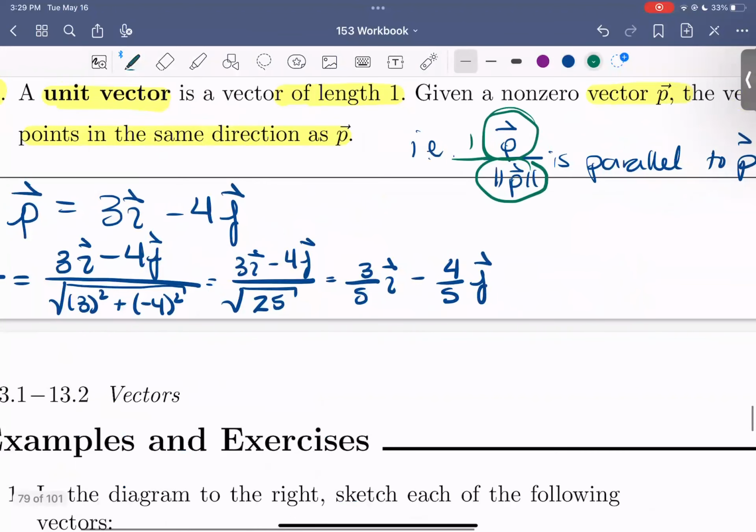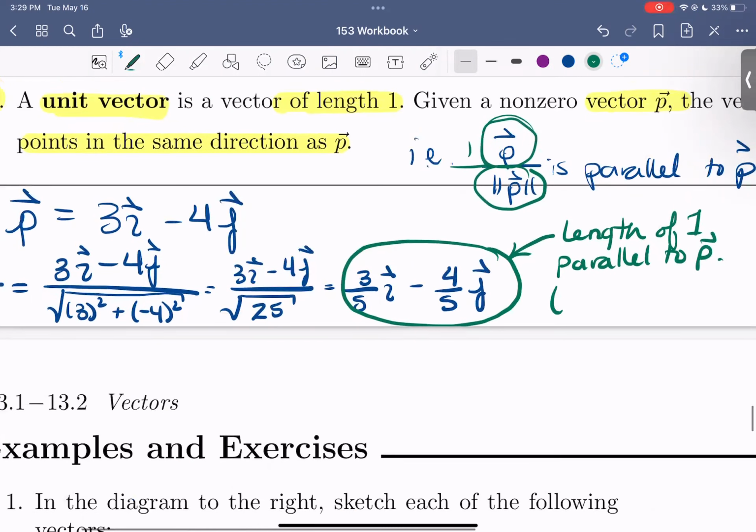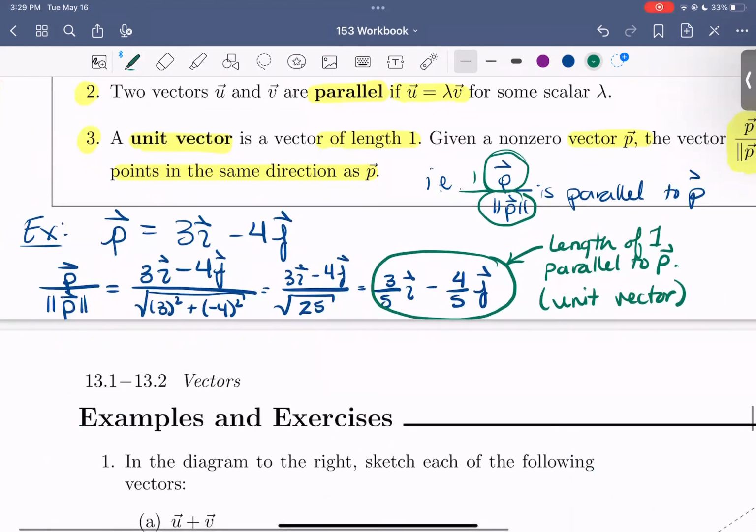Now this vector that we just got, we are claiming has length 1, meaning it's a unit vector, and it's parallel to p. Being length 1, it's a unit vector. We can see that this vector should be parallel to p.